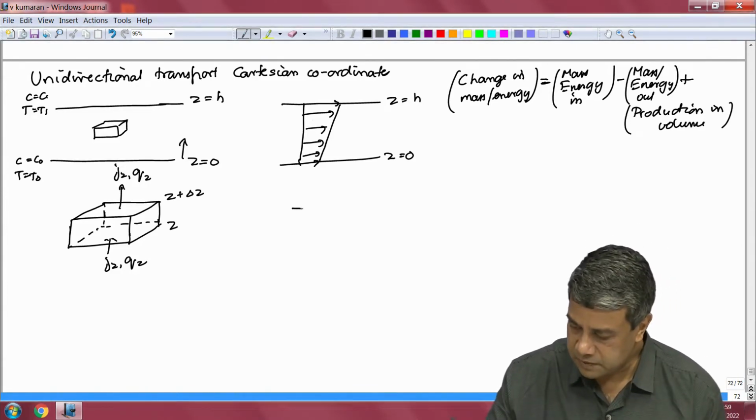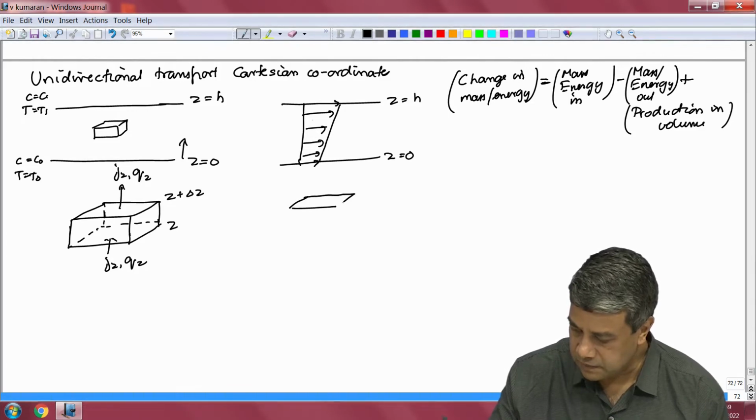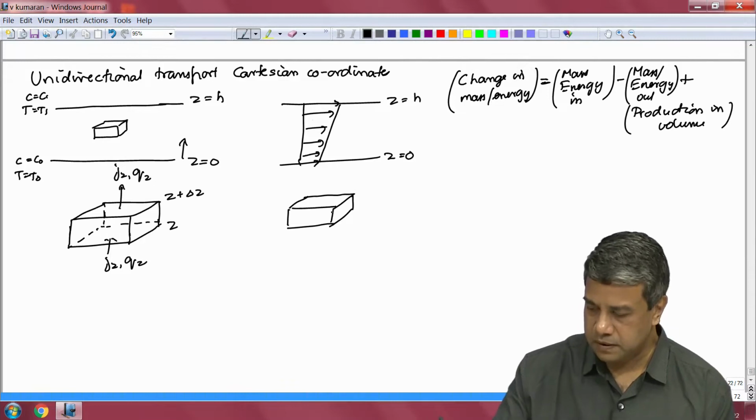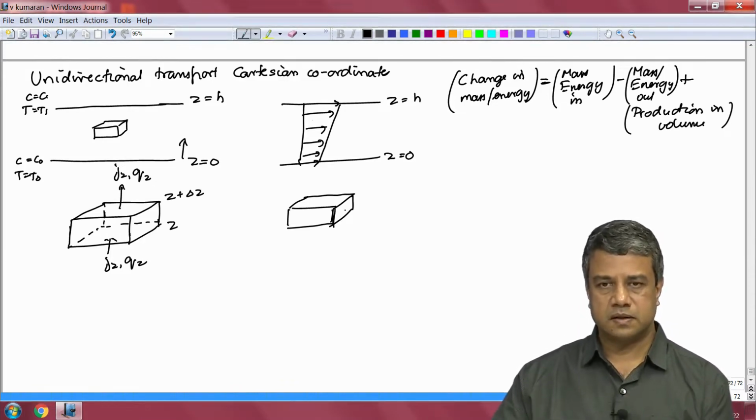For momentum conservation, we have to take a differential volume and find out all of the forces that are exerted on this volume.